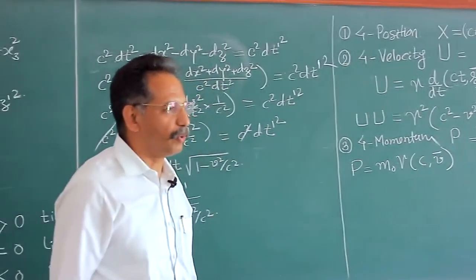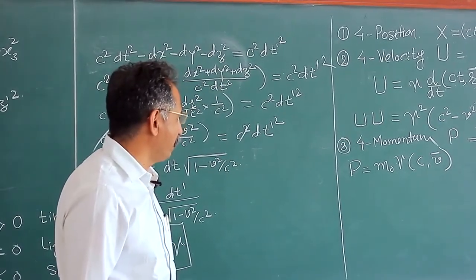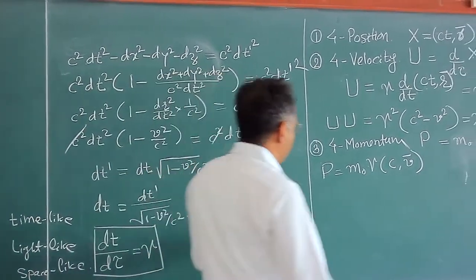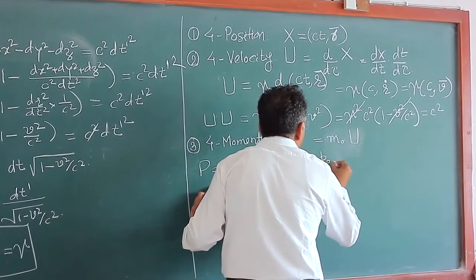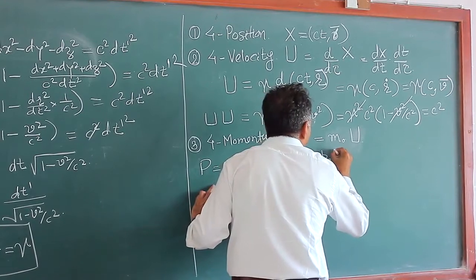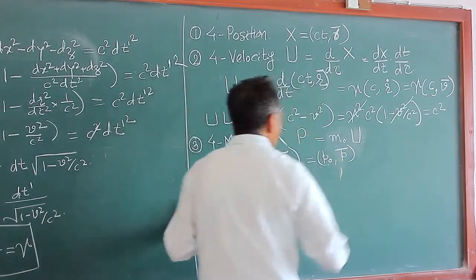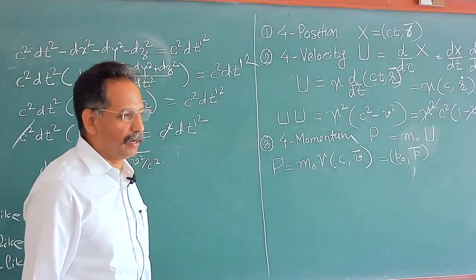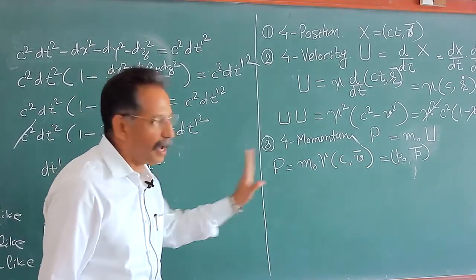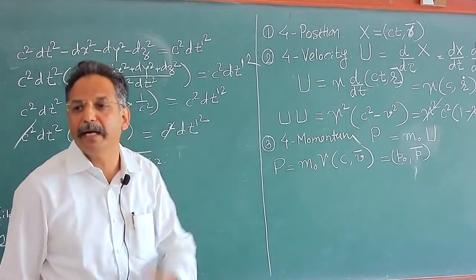So these are the components of four-momentum. The first component I am calling P0, and the second component I am calling P bar. P0 is the new element that we are encountering here, whereas P bar is our usual relativistic momentum.